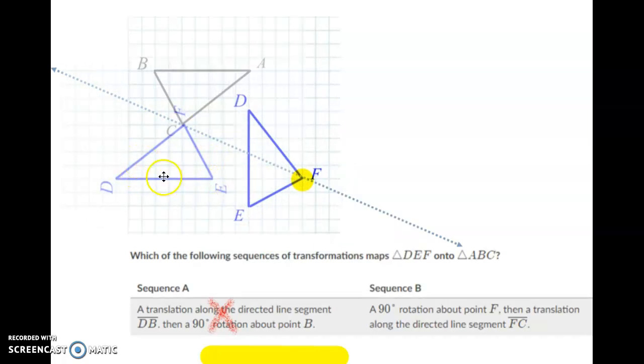So is this shape now on top of this one? And the answer would be no, it's not. So the first one they gave us, neither of these work. These are not congruent if I take it through a series of those transformations.